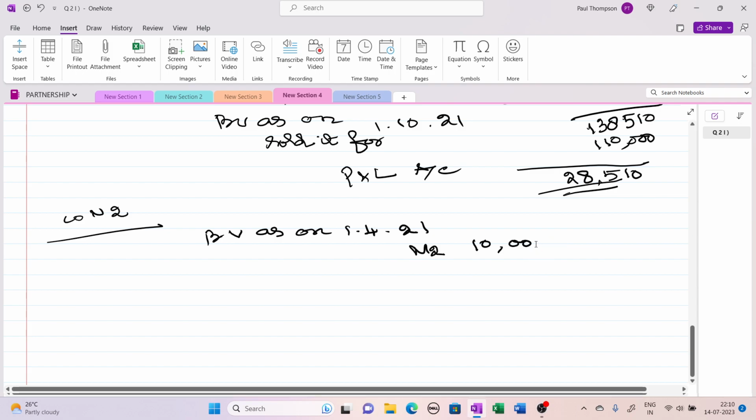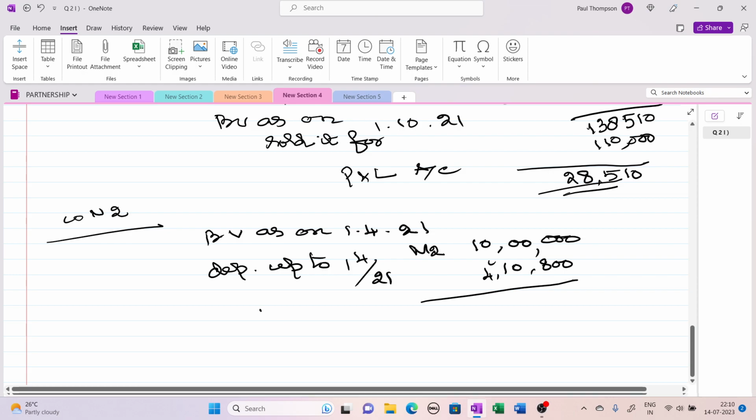The total depreciation up to 1/4/21, we have already taken that by calculating the machine number 1. We subtracted from 4,65,000. So we have calculated that 4,10,800.